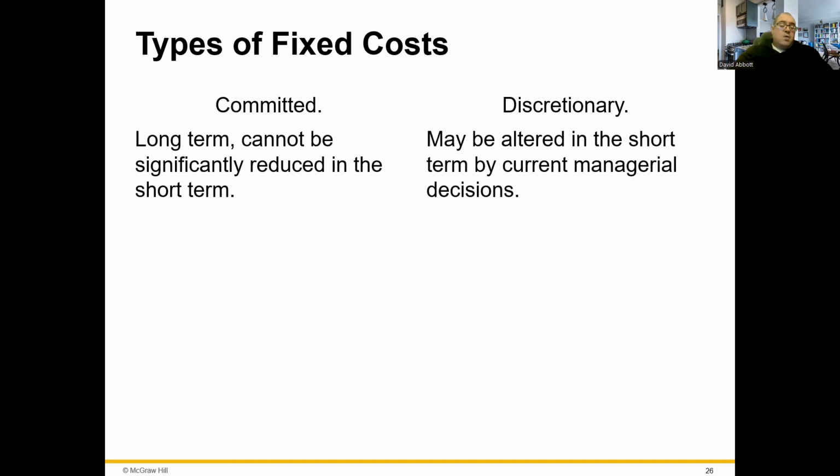Now that makes it clear why the average fixed cost changes on a per unit basis. Because again, the fixed cost stays the same, but if you divide it out over more units, it's going to be less.